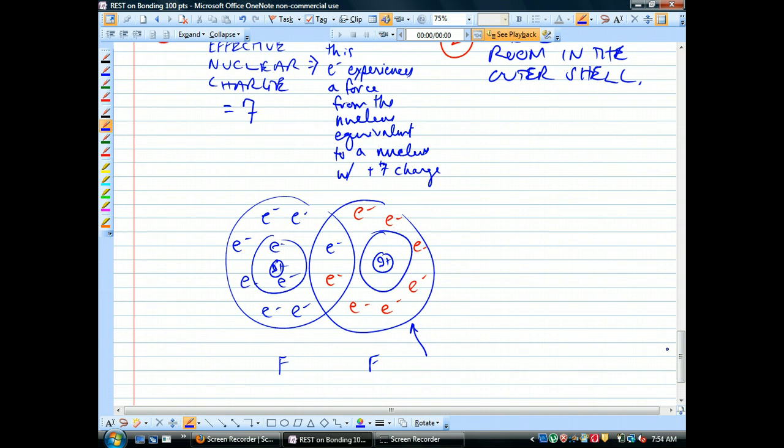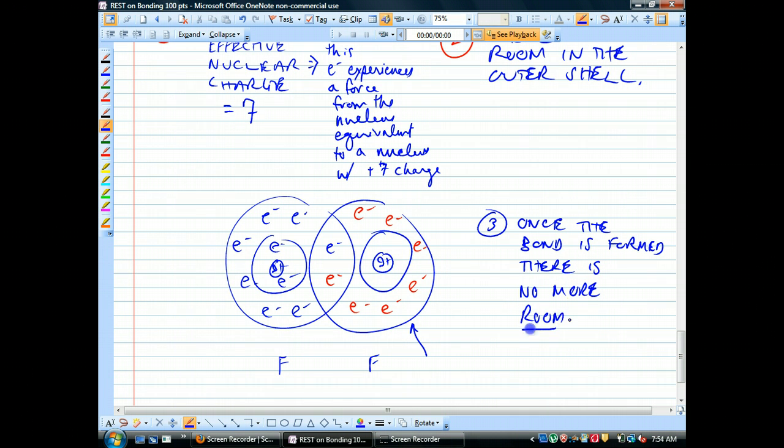Now here's a question though. So to kind of finish this, we could say step 3. Step 3, once the bond is formed, or we could say once an ion is formed, there is no more room for additional electrons.